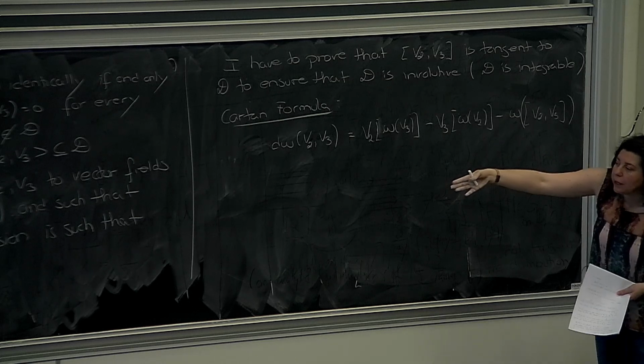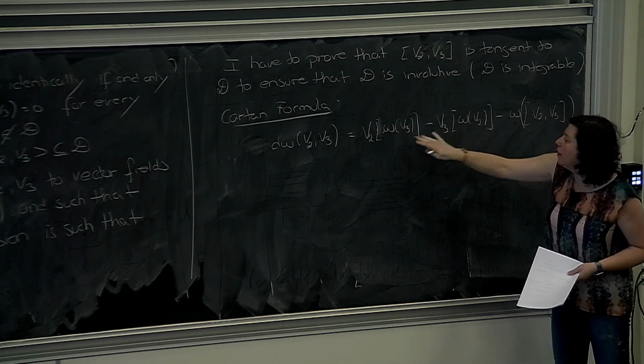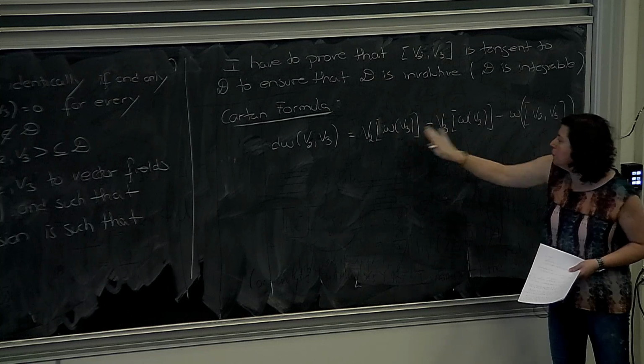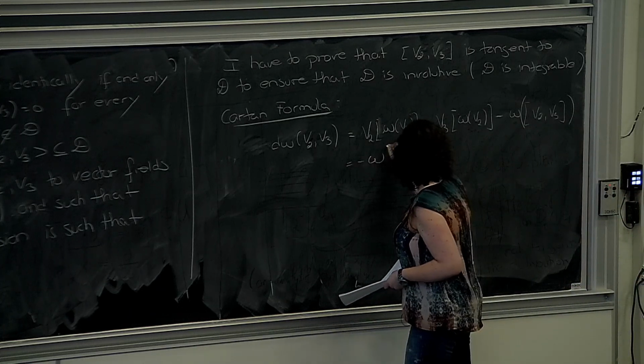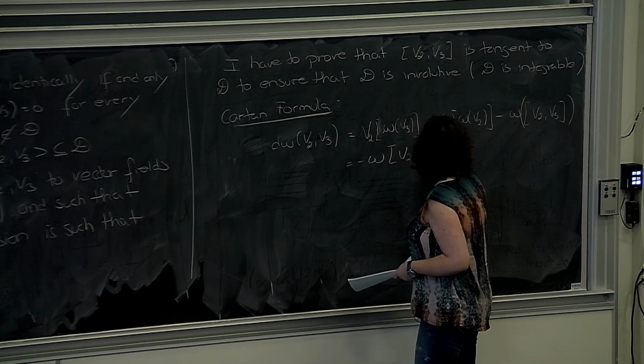So since we are assuming that V2 and V3 are tangent to the distribution, this is 0, okay? And so this reduces to minus W of the bracket V2, V3.